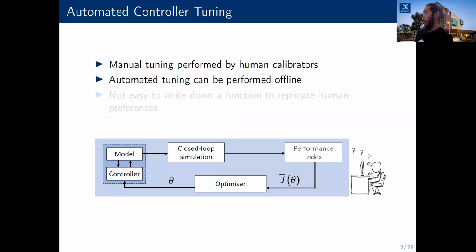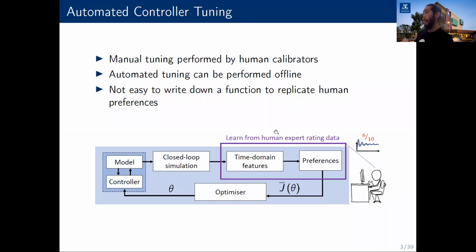But what this human calibrator is thinking is how they can get this offline tuning to actually replicate the preferences of how they would tune it if they were manually tuning it. It's actually not that easy to obtain and write down a function that describes human preferences. So this is where machine learning can come in.